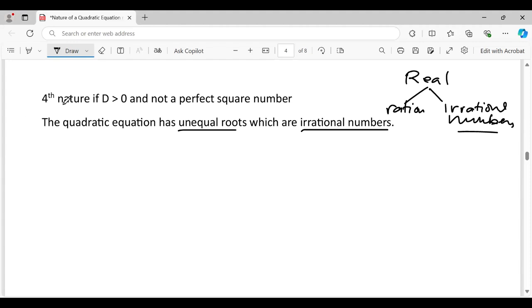For example, a quadratic equation x squared plus 6x plus 4 equals 0. It means a equals 1, b equals 6, and c equals 4.